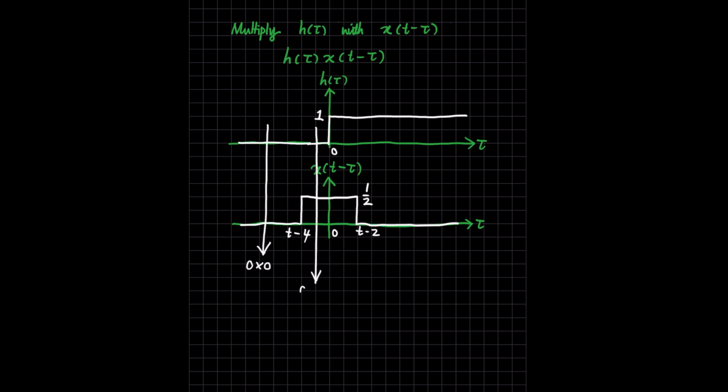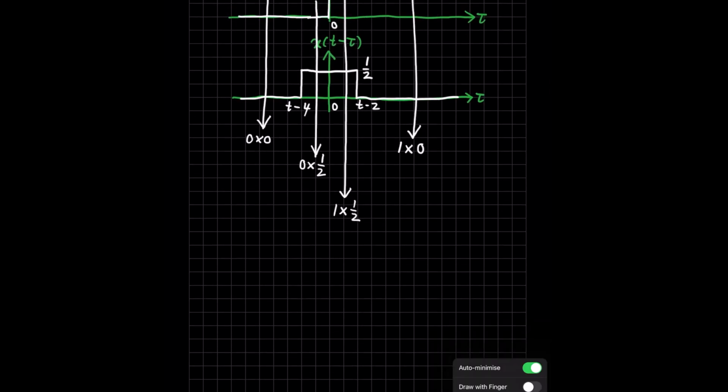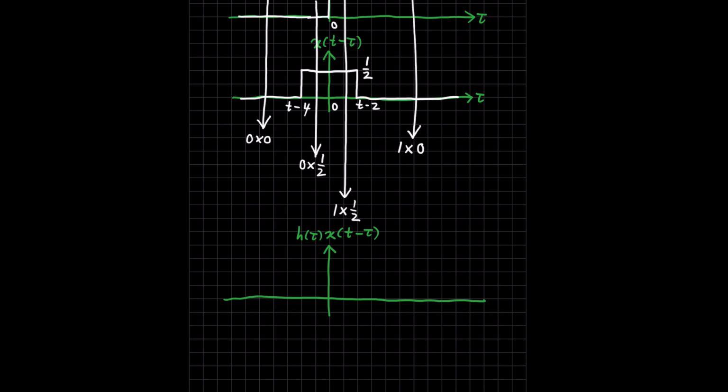Similarly, based on the convolution integral, for this particular situation, again we multiply h tau with x t minus tau, and the output of the multiplication is as follows.